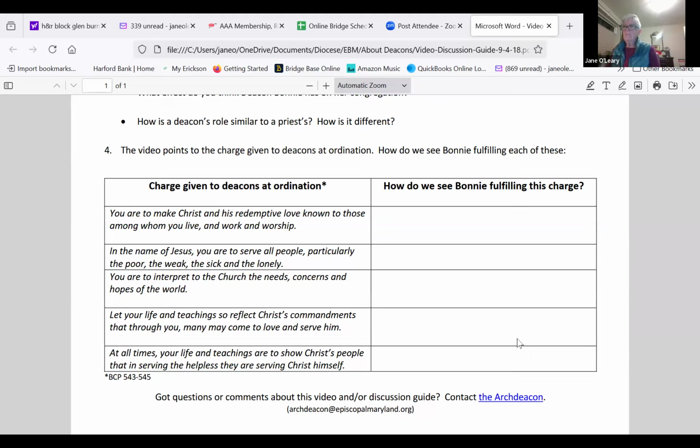Both of them have a pastoral care element to them. I think that the word scholarly goes with priests and doesn't go with deacons. Vaughn, what do you think of that? Yeah, that's a good way to put it. We're action people.